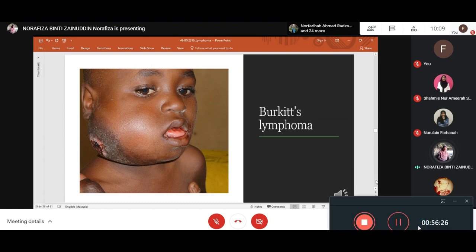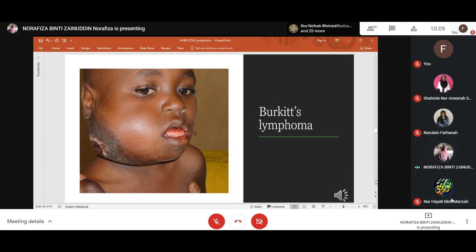The other mechanism is that the malaria itself weakens the child's immune system in response to Epstein-Barr, which allows infected B cells to change into cancer cells. So 98% of these African cases are associated with EBV infection.